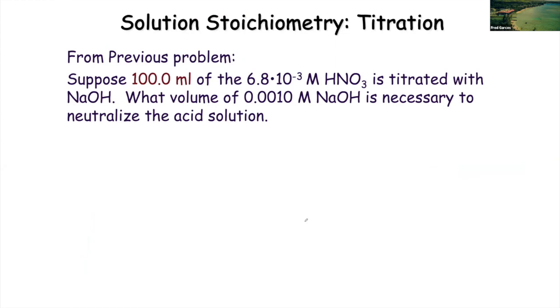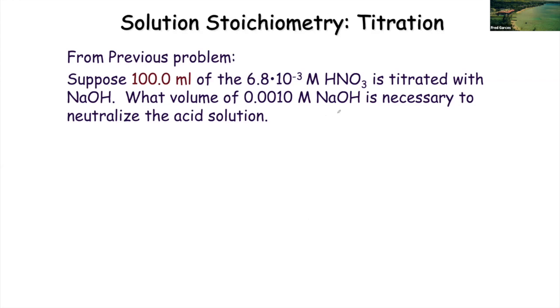Here's another problem. We've got 100 milliliters of 6.8 times 10 to the minus 3 molar hydronitric acid titrated with sodium hydroxide. What volume of 0.0010 molar sodium hydroxide is necessary to neutralize this reaction?